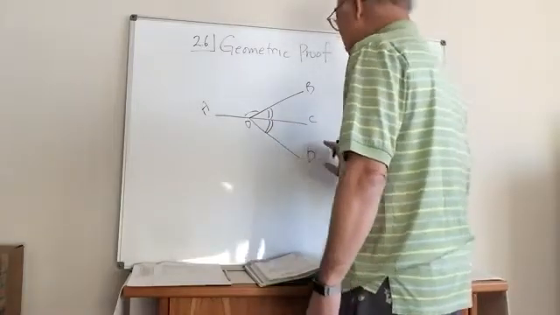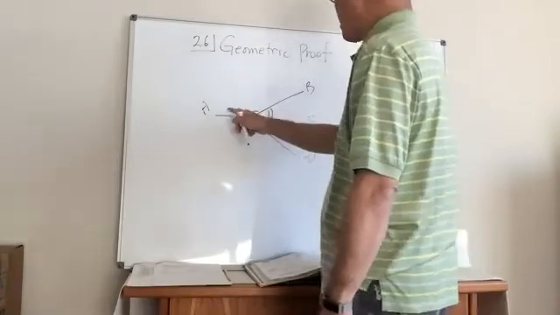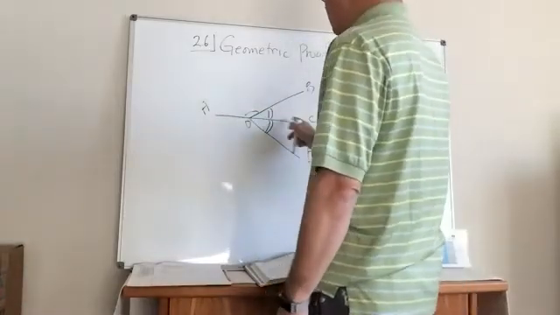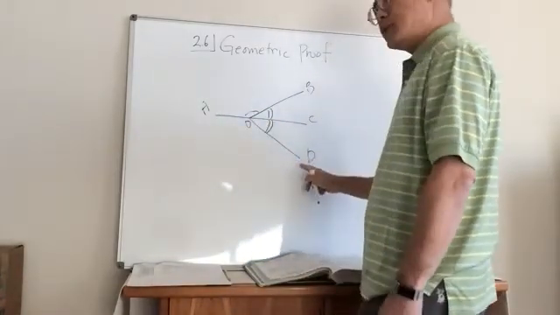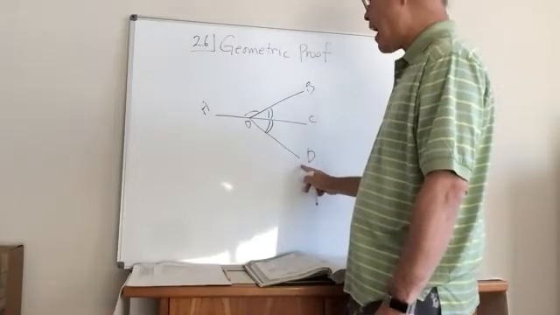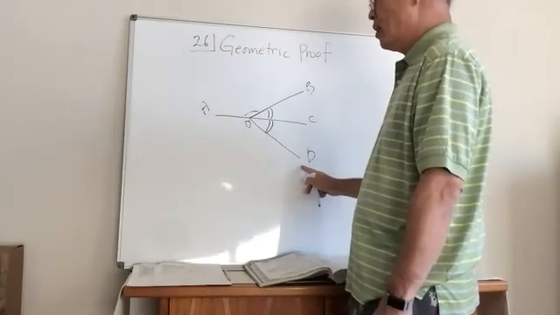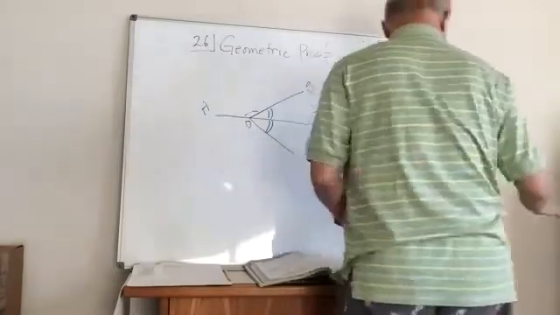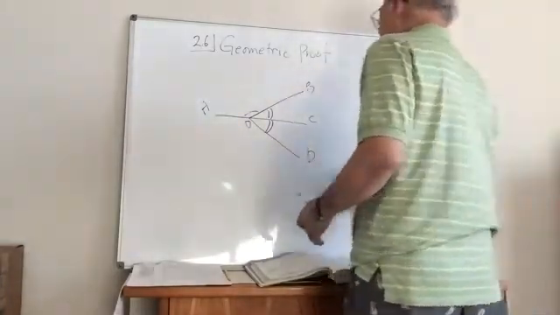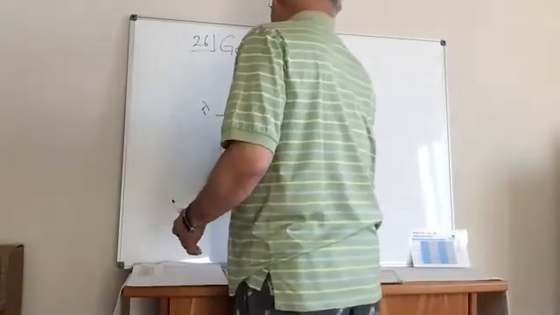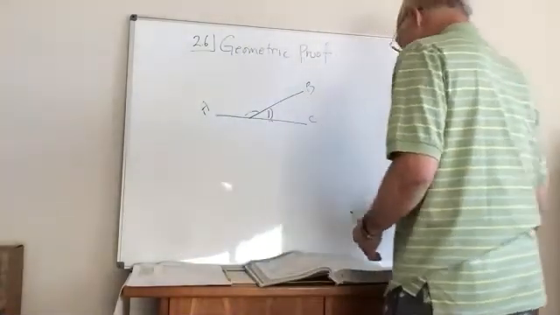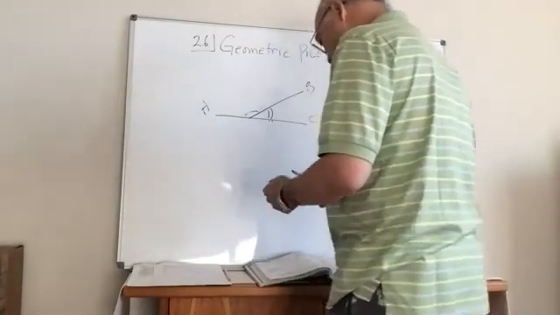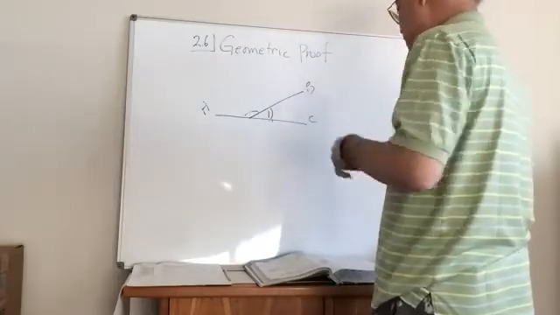Although angle AOB and angle COD are still going to be supplementary because they add to 180 degrees, they're not a linear pair. In this instance, we're talking about a linear pair, so they have to share a side like this. So linear pairs are supplementary.